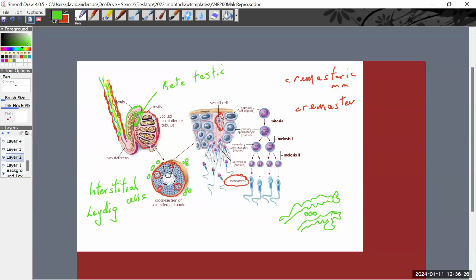And that becomes important because hormones like LH that we mentioned and didn't really talk about, the LH hormone being produced by the anterior pituitary gland, if you remember from AMP 100, it stimulates the interstitial cells to produce testosterone.